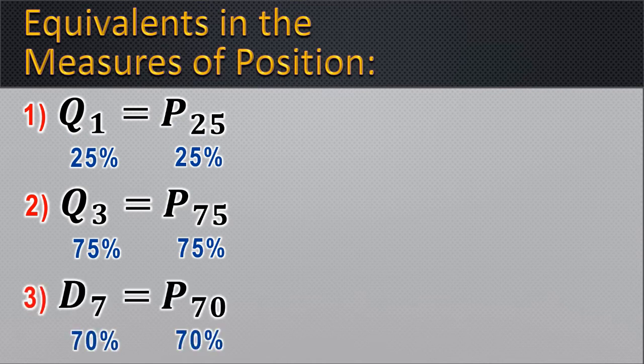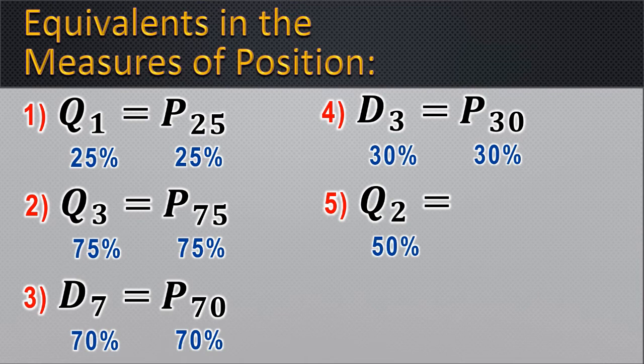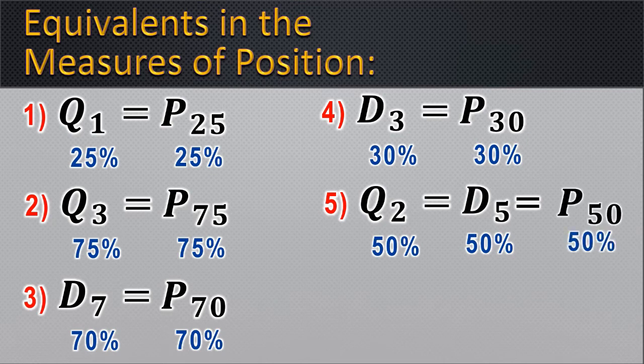Decile 7 is equal to percentile 70, which is equal to 70%. Decile 3 is equal to percentile 30, which is equal to 30%. And we have quartile 2, decile 5, and percentile 50, which is equivalent to 50%.